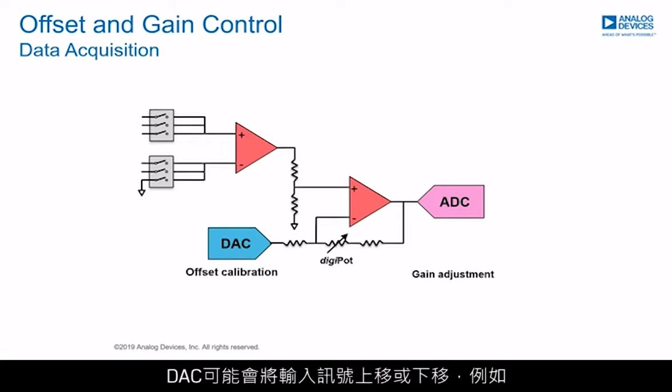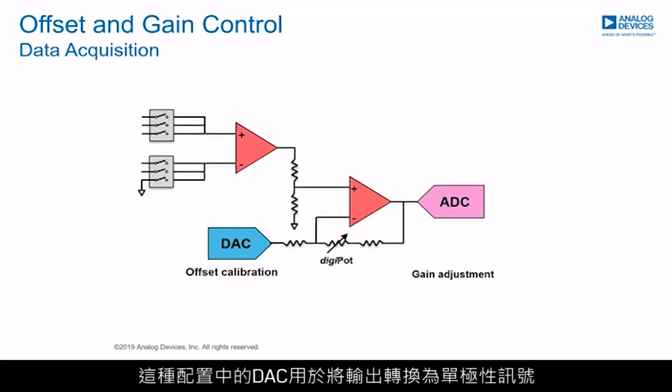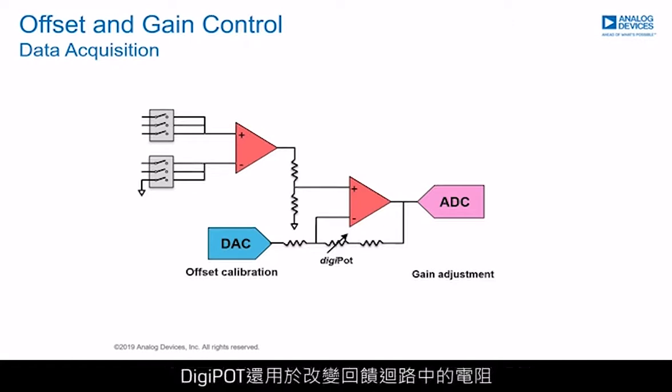The DAC is potentially shifting the input signal up or down. So for example, if the sensor output is bipolar in nature, centered around 0, but there is a need to use a standard single-ended, single-supply ADC to read the outputs, the DAC in this configuration is used to convert the output to a unipolar signal. A digipot is also used to vary the resistance in the feedback loop, and thereby vary the gain of the amplification network.